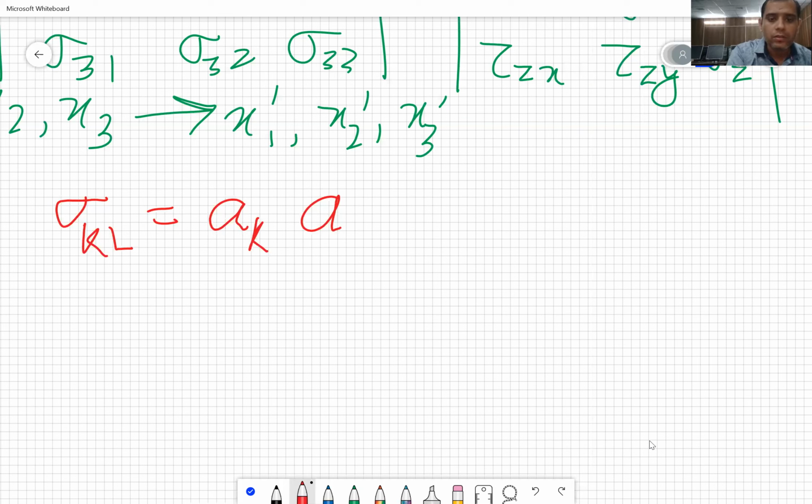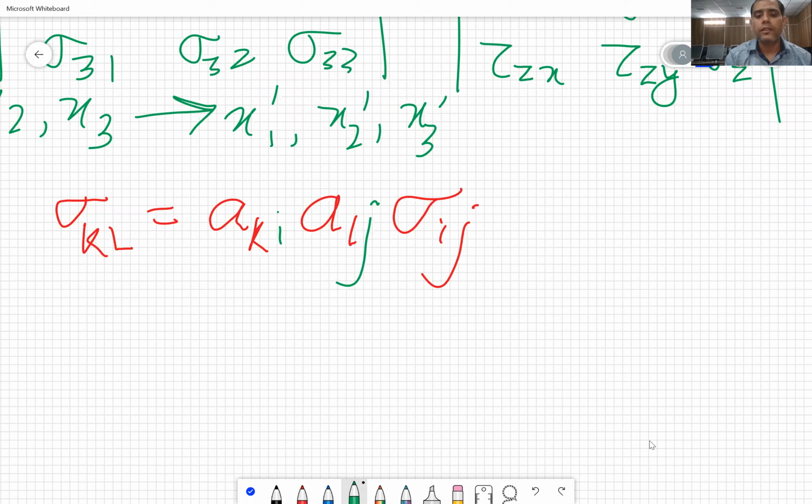One is a with suffix K, another with L. Then the multiplication, then we make the relationship with the prime stress, the stress at the prime axis, that is sigma ij, that we already have. So in terms of that, we write here I, and here we write j. This is the method of writing the transformation of axis, the stress tensor equation.